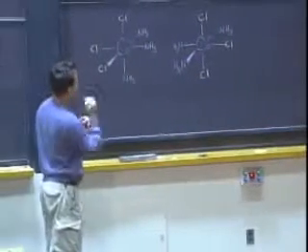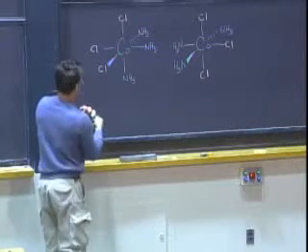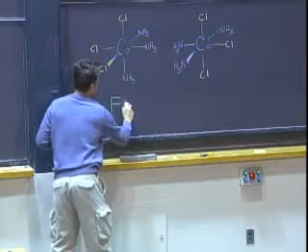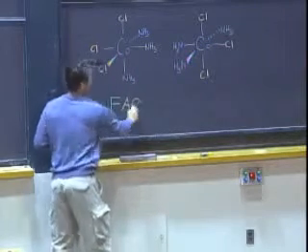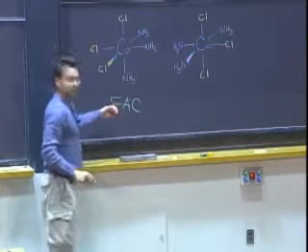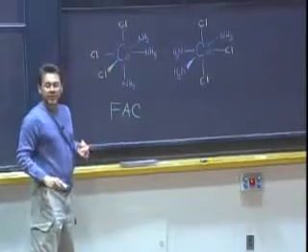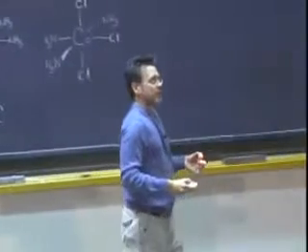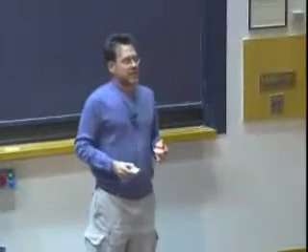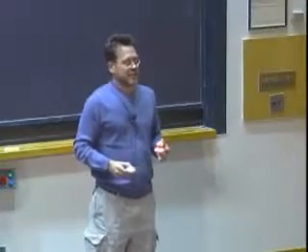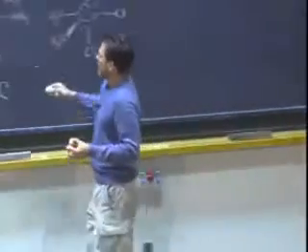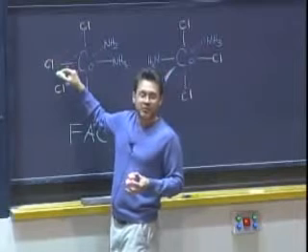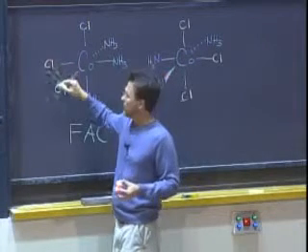Okay? And these have names too. This one is the so-called FAC isomer. And that FAC is an abbreviation of the word facial, because if you remember that the octahedron is composed of a set of 8 equilateral triangles, then the polyhedron that we call the octahedron has both vertices and faces.